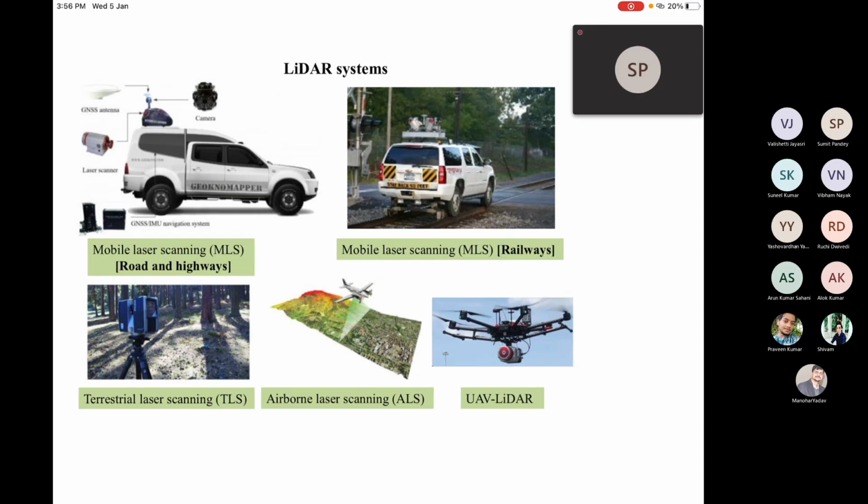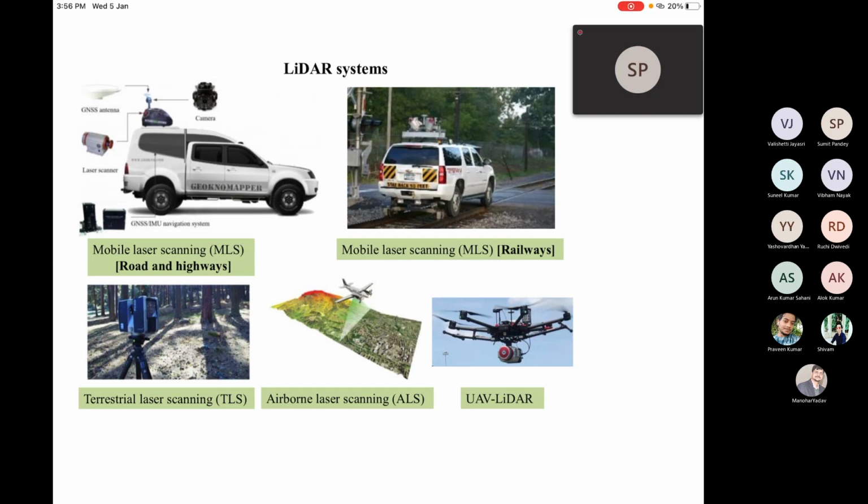You can see there is a GPS antenna, a camera, and a laser scanner. It is called a mobile laser scanning system, and it works on the principle of LiDAR. Additionally, we have a photogrammetric sensor as well, that is the camera.